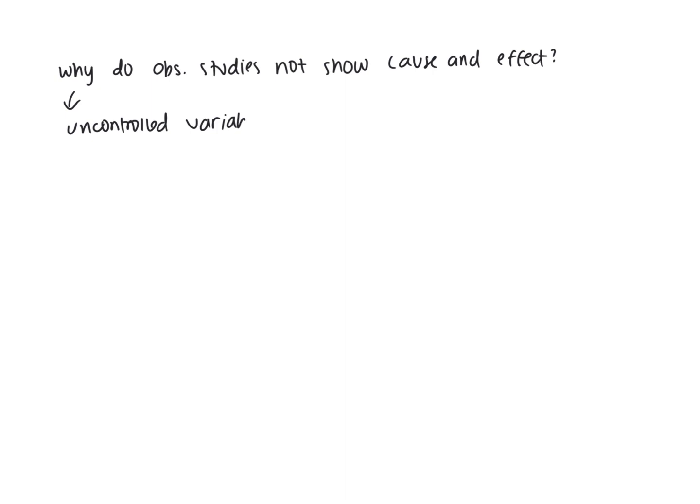And I'm going to write down exactly what I mean by that. When you do an experiment and you randomly assign people to groups, there's going to be differences in those people, but those differences are kind of evened out when we randomly assign people. In observational studies, though, where there's no random assignment, there's going to be these hidden variables that could affect our results. And those are called confounding variables.